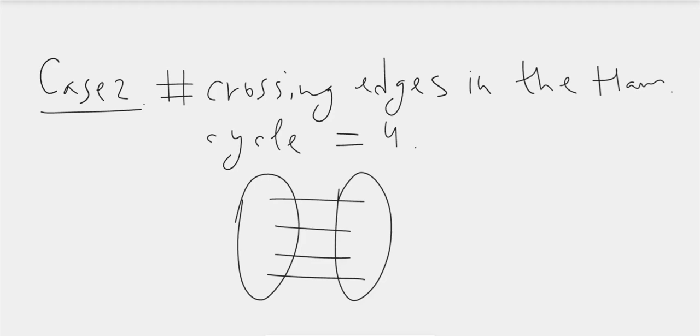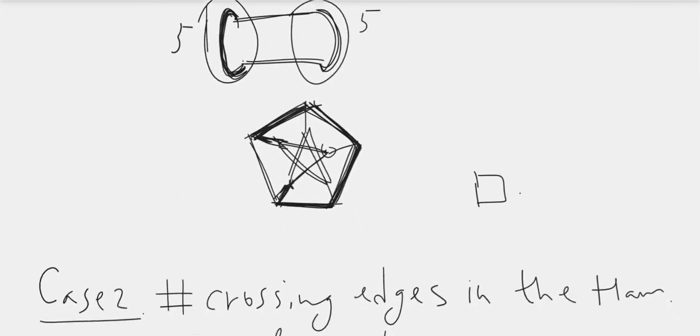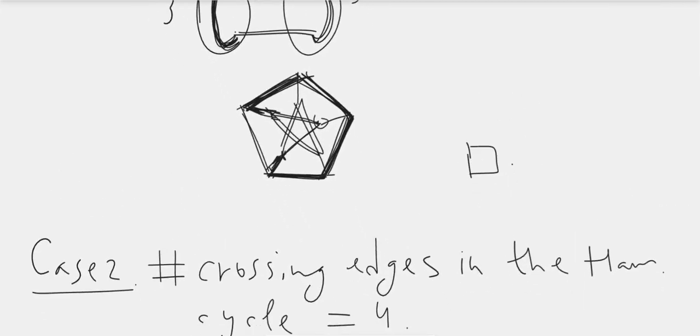So first we consider the ends of these 4 edges. We notice that these 4 vertices must be all different. If you look at the Petersen graph, the crossing edges all have different ends in both the internal and external set.